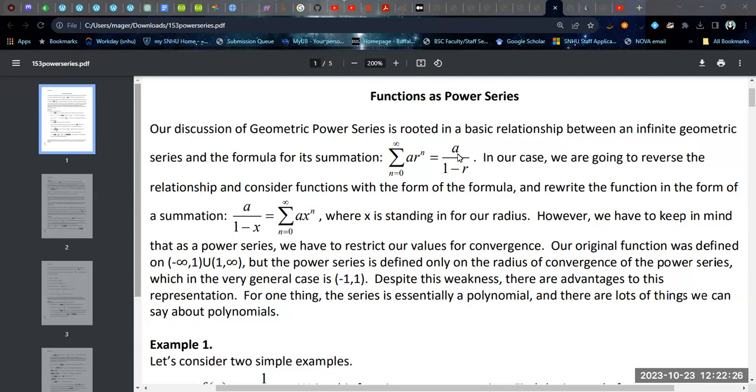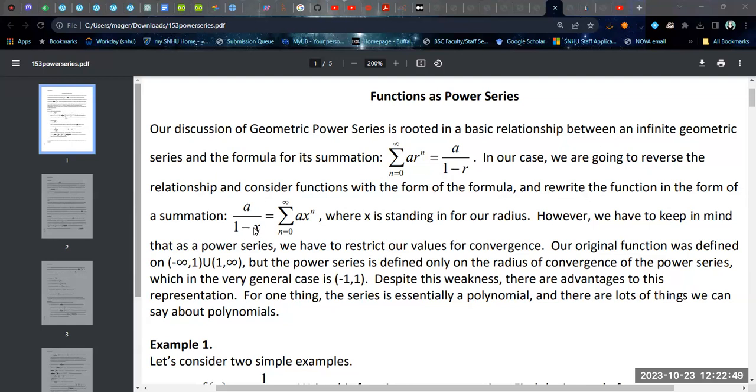Now, the general idea is that if you have a geometric series, so you have some constant a and then r to the n, that there is a finite sum in the cases where r meets the conditions for convergence, in which we can write the value of that sum.